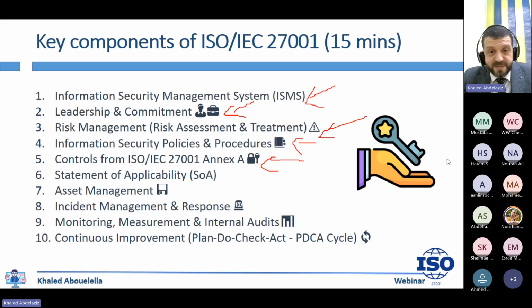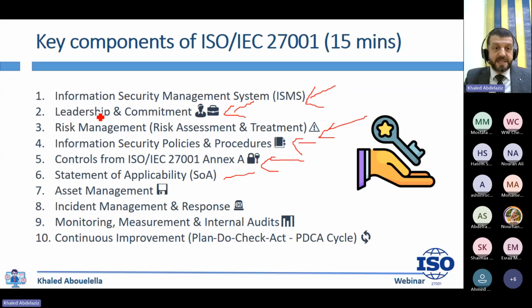The fourth and last category, the most interesting part for technical people, is technological controls, such as network security, firewalls, encryption, backup, anti-malware, and PAMs.